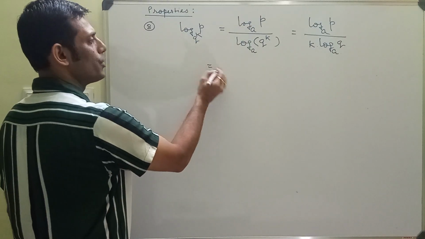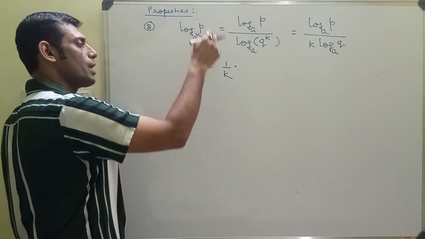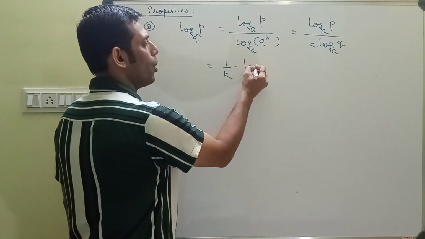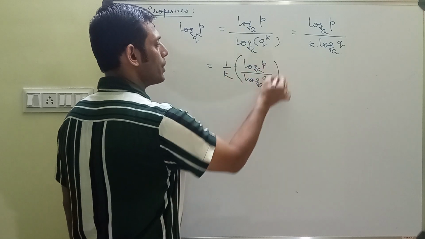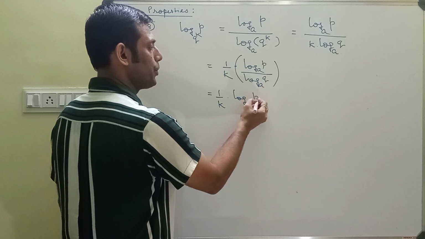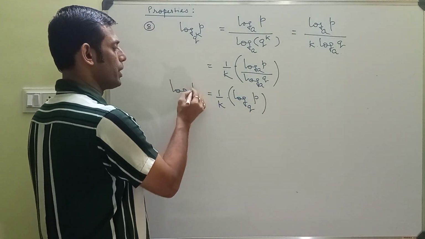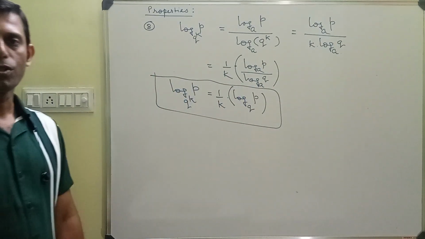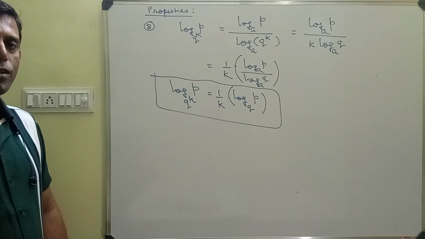That means effectively you're going to get 1 by k, out of the power of the base, as a denominator, 1 by k into log p base a by log q base a, and that becomes equal to 1 by k times log p base q, which is equal to log p base q power k. Observe this. Property 8 done.